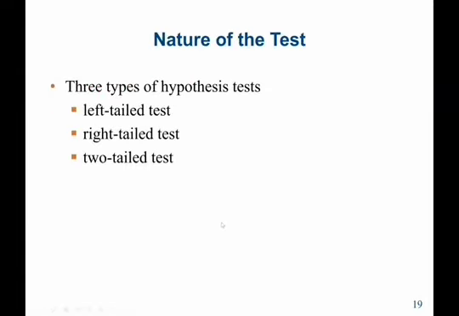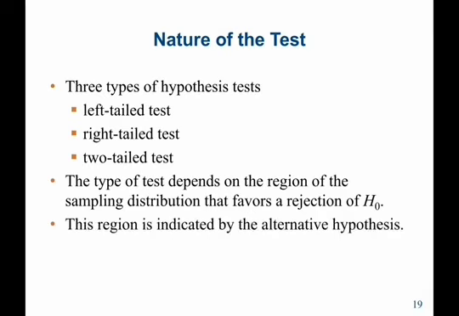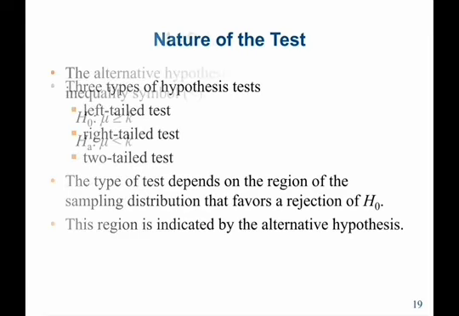We have three types of hypothesis testing: the left tail test, the right tail test, and the two-tail test. The type of test always depends on the region of the sampling distribution that favors a rejection of the null hypothesis. This region is indicated by the alternative hypothesis.